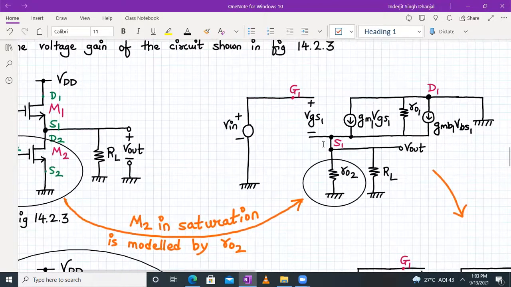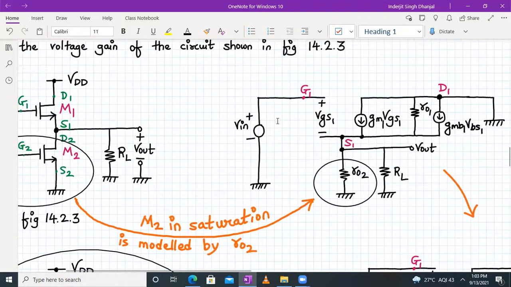Between drain 1 and source 1 we have the GM1 into VGS1 current source. We also have RO1 because lambda is not equal to 0, in fact. And we will have a third element in the form of a current source again, GMB1 into VBS1. This is because the body effect is present for the M1 transistor. Okay.